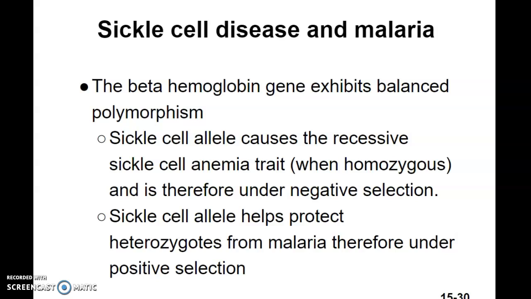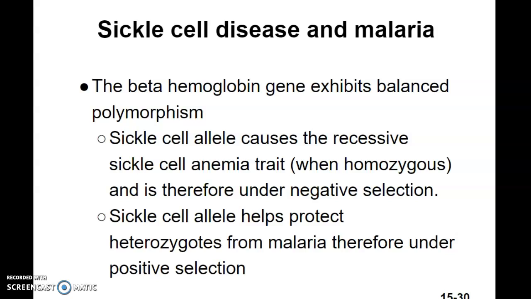Anyway, the beta hemoglobin is the gene that this is in. Kind of talked about this earlier in the quarter. So the sickle cell allele is recessive in that you won't have the disease unless you have two of them. But it's really a codominant gene.